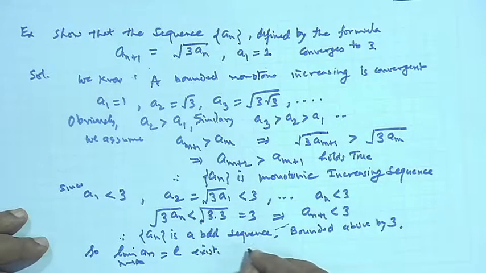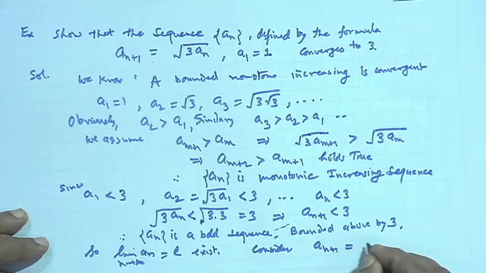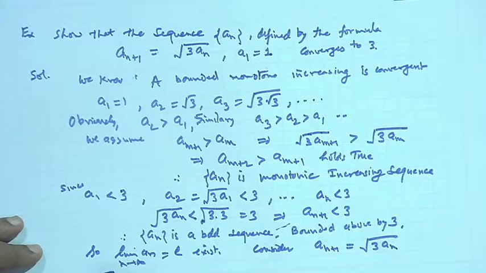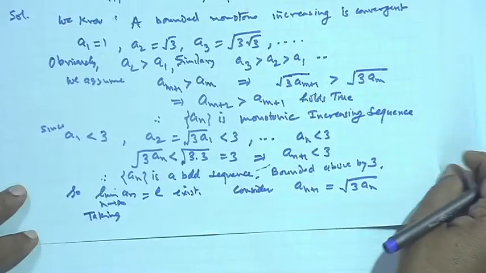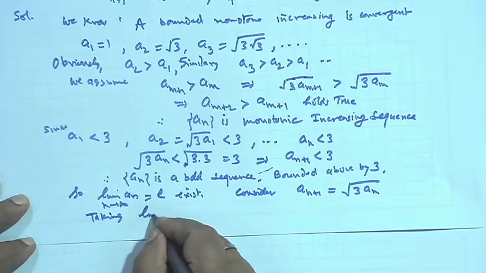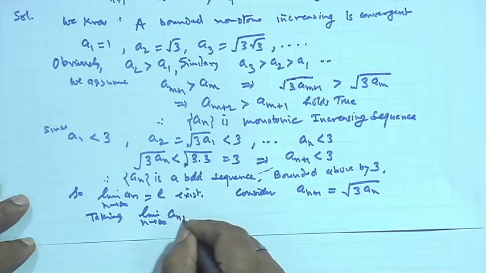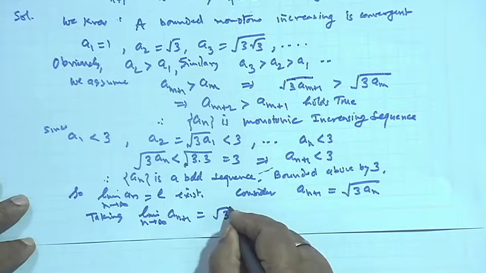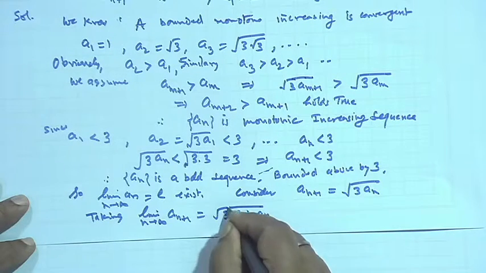Consider a(n+1), which is given to be the square root of 3an. Taking the limit as n tends to infinity, a(n+1) is equal to under root 3 into the limit of an as n tends to infinity within the square root.